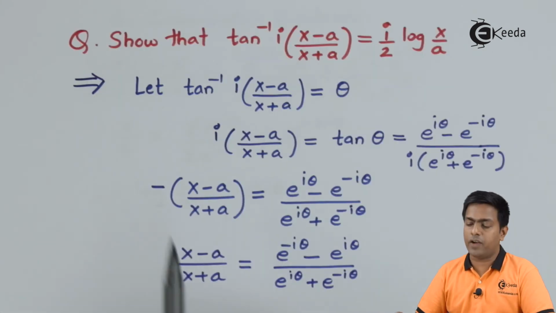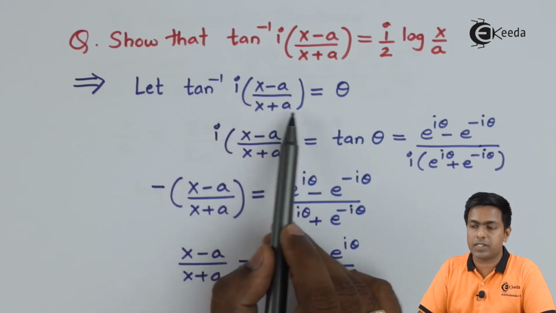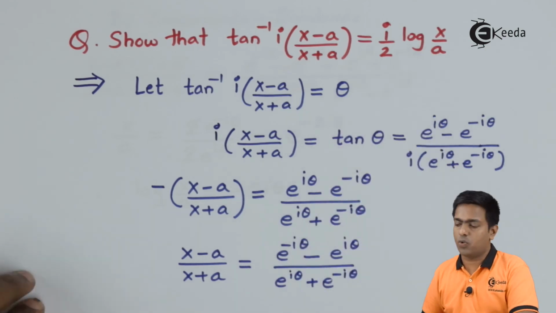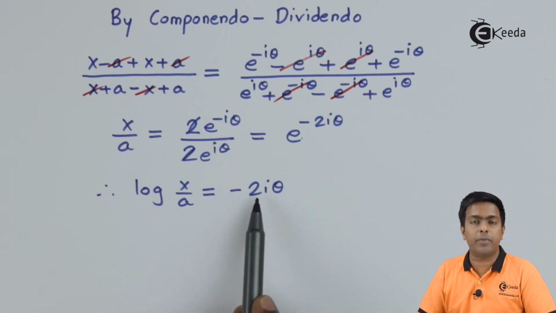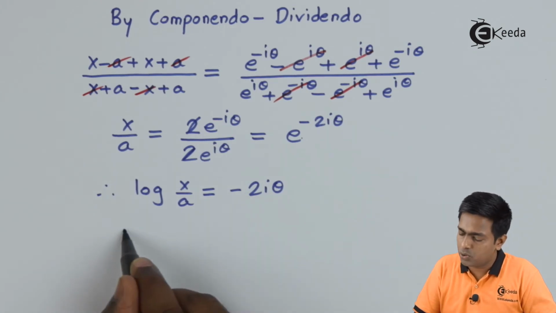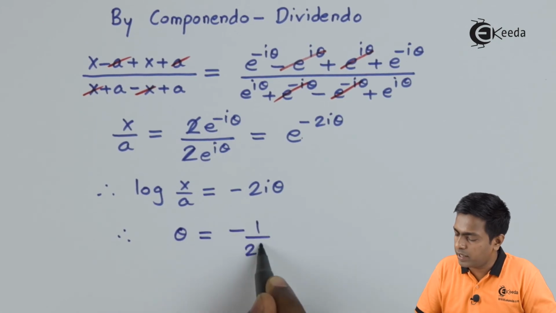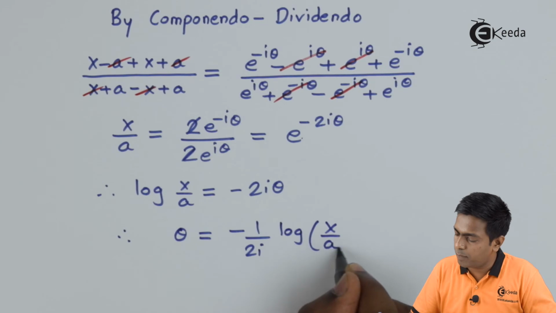Now here we have assumed that the value of tan inverse I x minus a upon x plus a is theta and we have to prove that theta is this. So what I'll do is I will just keep theta on the right hand side and I'll shift remaining terms on the other side. So therefore we'll get theta as minus 1 upon 2I into log of x upon a.